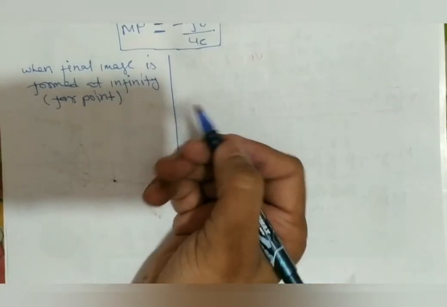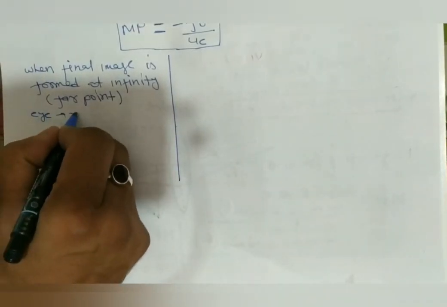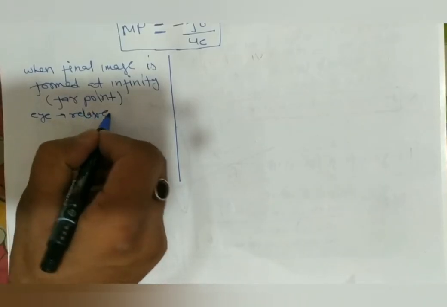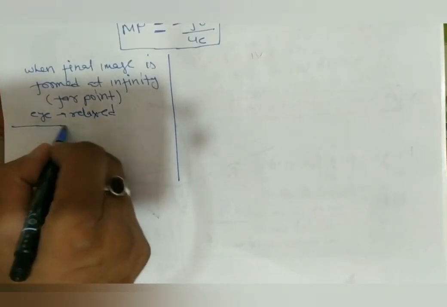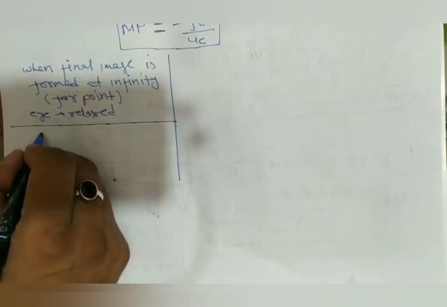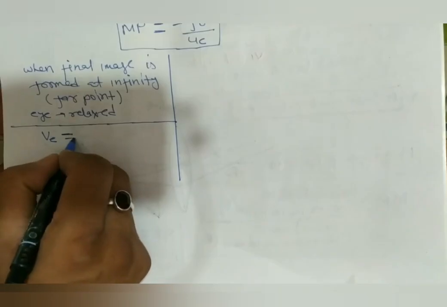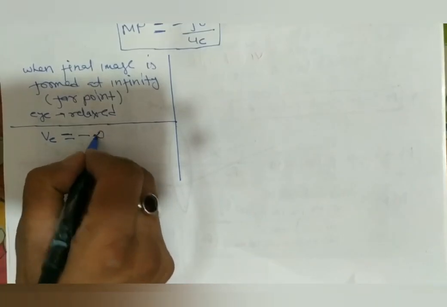In this case, the eye will be relaxed. The final image is formed by the eyepiece, so VE is minus infinity.